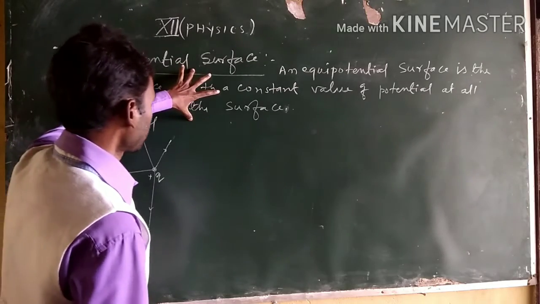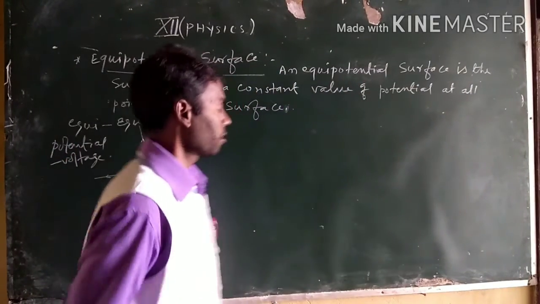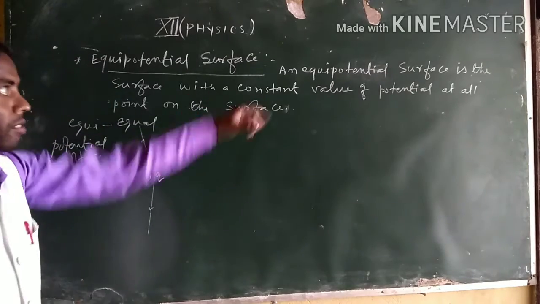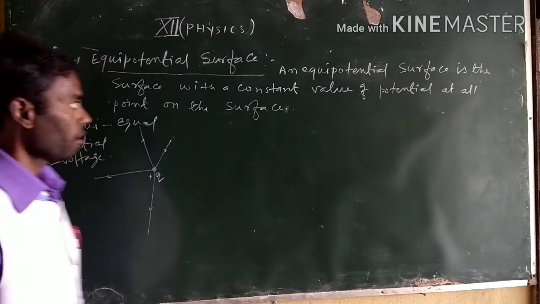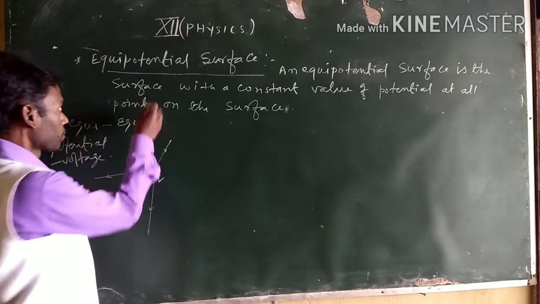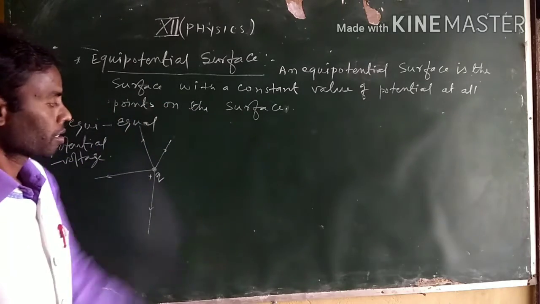Its definition: an equipotential surface is a surface with a constant value of potential at all points on the surface.